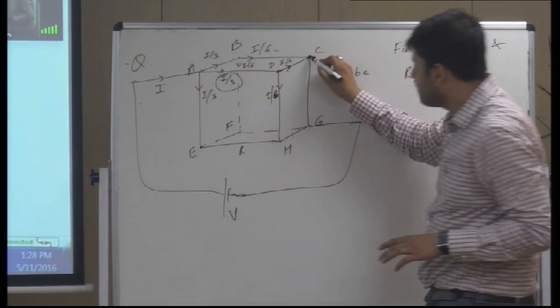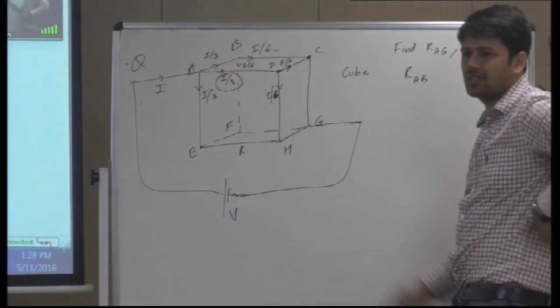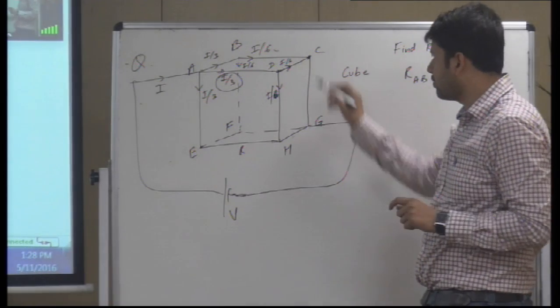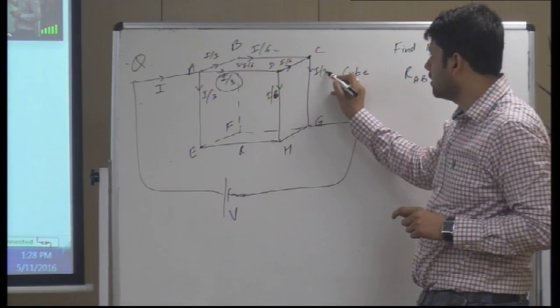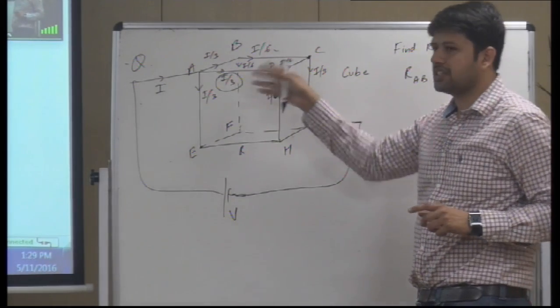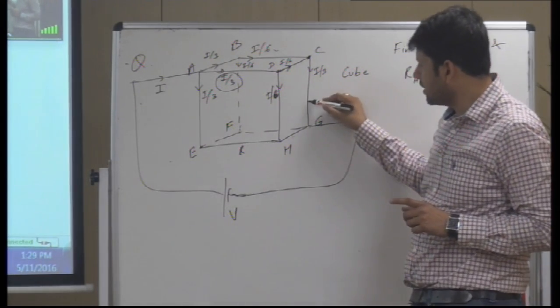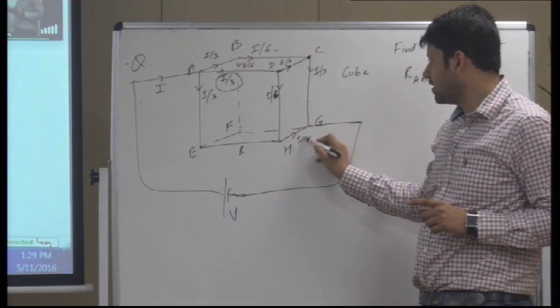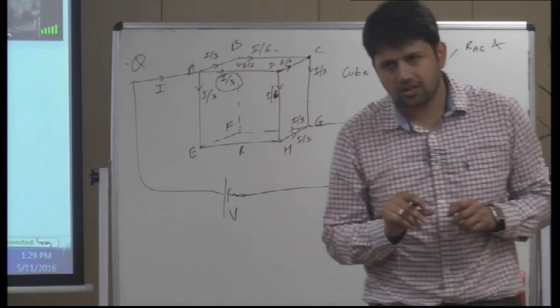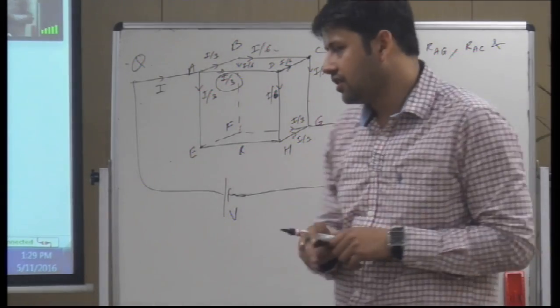Now at point C, 2 currents of I by 6 meet to form I by 3 here. So the current enters in I by 3 manner and leaves in I by 3 manner. You getting my point? है ना? यही हो रहा है? हाँ?